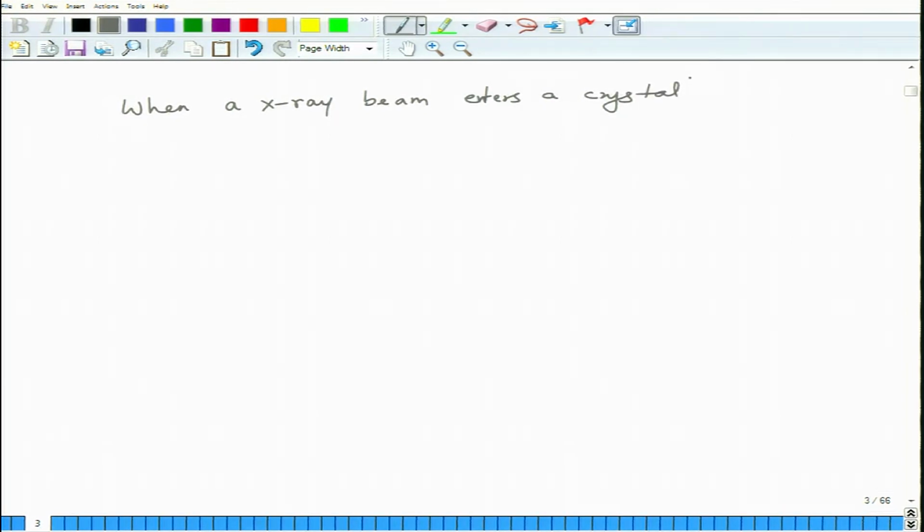So, there could be, let us say, various atoms. We have an atom sitting here, and then we have another atom sitting here.